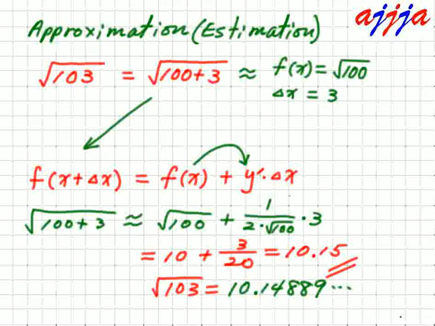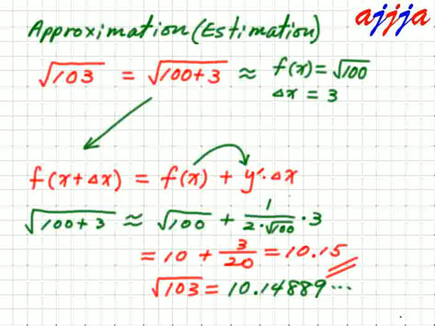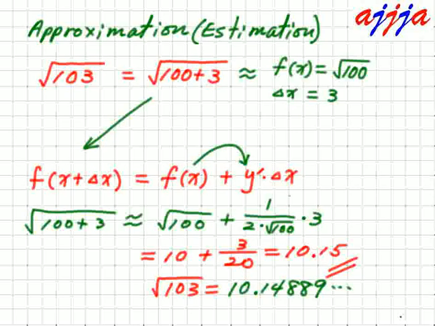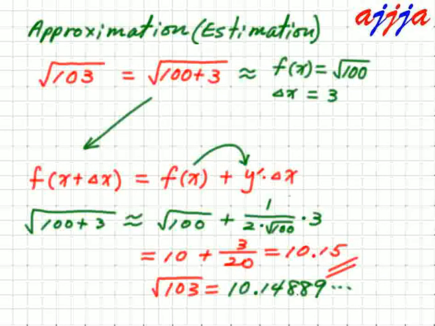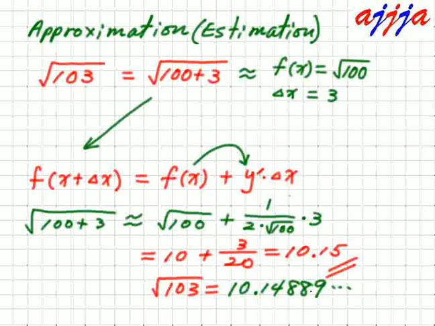The answer is 10.15. I just checked with the calculator: the square root of 103 is 10.14889 and so on. That's very close, right there. Rounded up, this is going to be 10.15. Very good approximation.